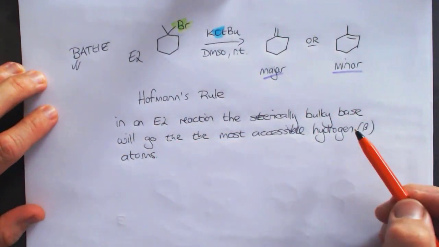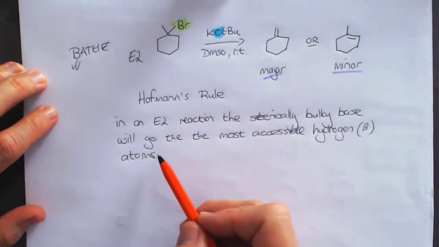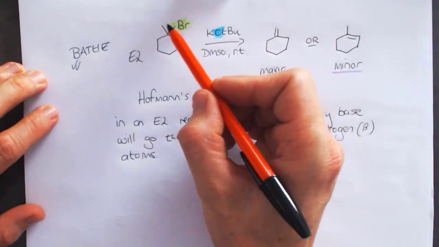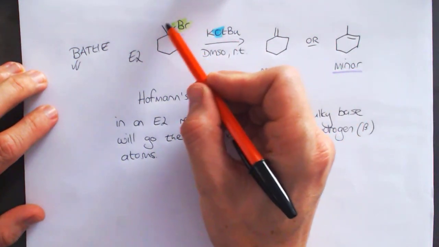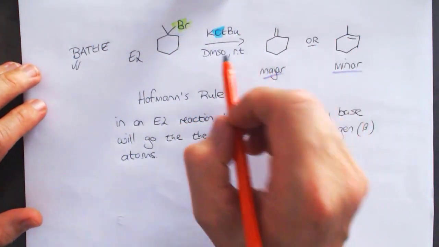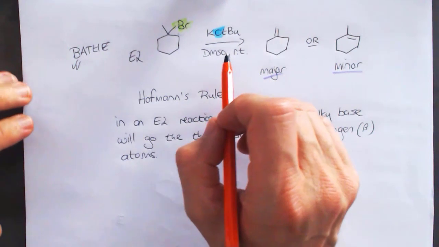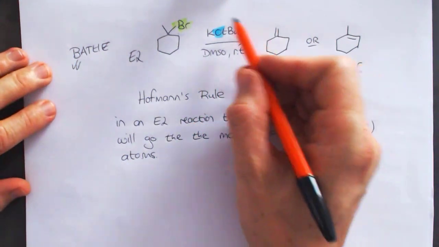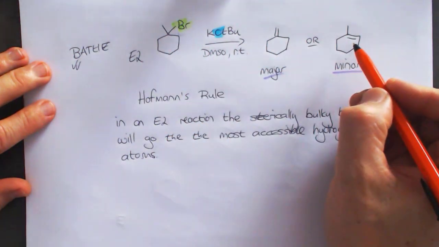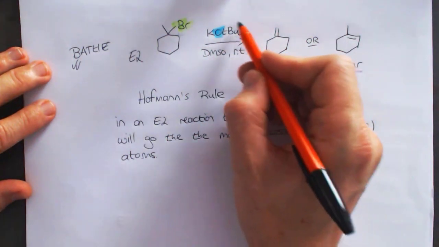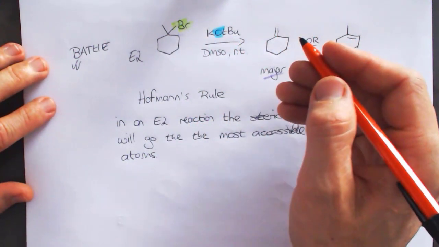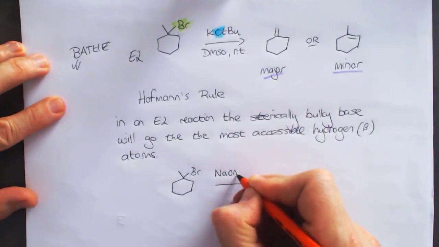This makes sense to me: if you've got something really big and bulky like this, it would want to go to the most sterically accessible position possible. What it does mean, though, is that if we do this type of elimination reaction, we can actually favor Zaitsev, but we can't use a sterically bulky base. If we change the conditions, we can favor this way. So this is what it would look like.